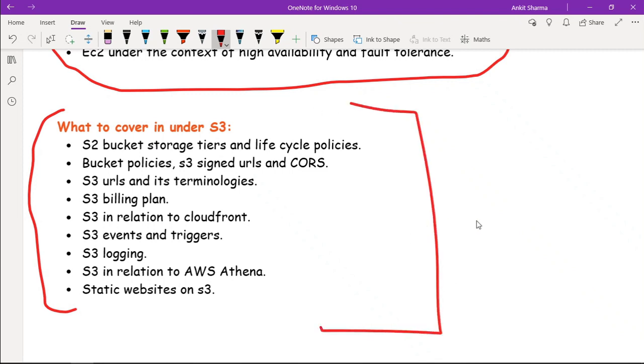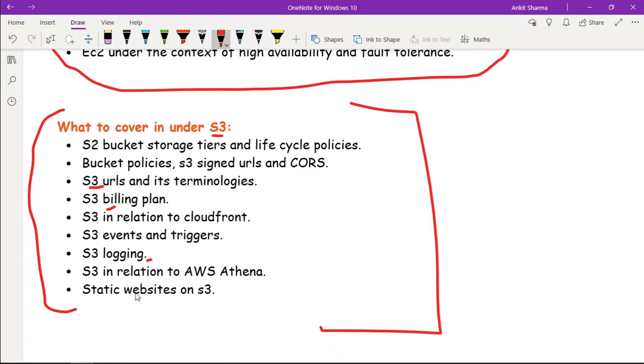You have to expand your vision in a way that you understand, okay, if I'm studying S3, I must know how I can access it, which will be through the S3 URLs. And if I'm using S3, what is going to be the cost for that usage, how am I going to log it, how can I monitor the usage. That again will depend upon the logging. If you're logging it, you can see who accessed it and how your S3 bucket has been utilized.